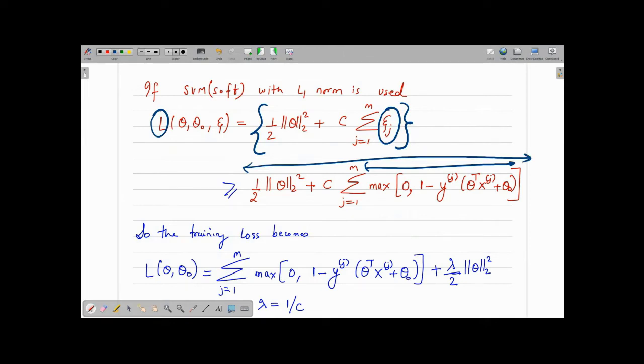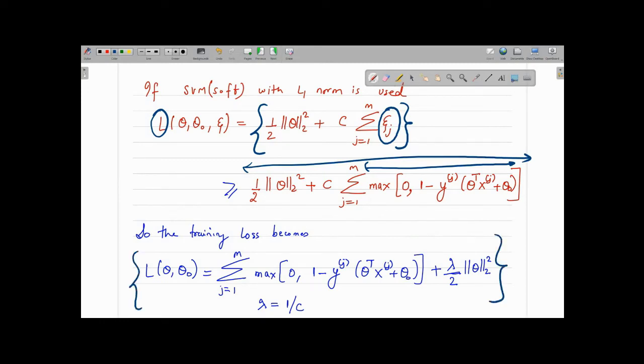This is the loss function, and the corresponding training loss, which you will use for training the soft SVM, becomes this.